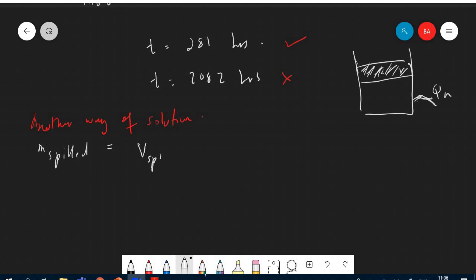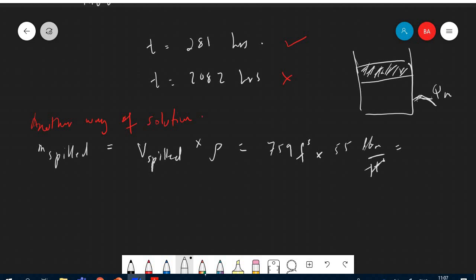If you can recall, it was V spilled times the density, right? The V spilled that we had calculated was 759 feet cube. Multiply this by the density, which is 55 pound mass per feet cube, and do it through your calculator, multiply by 55, it will be 41745.